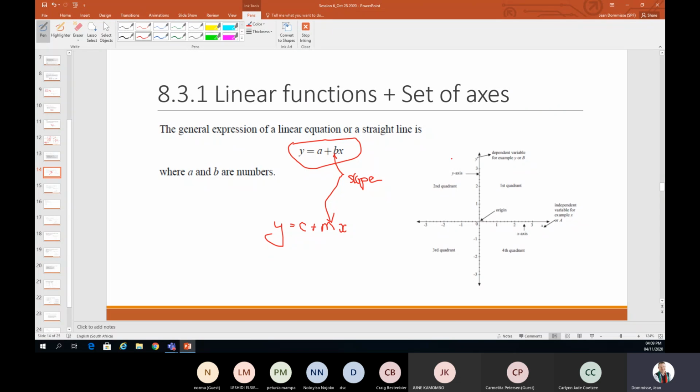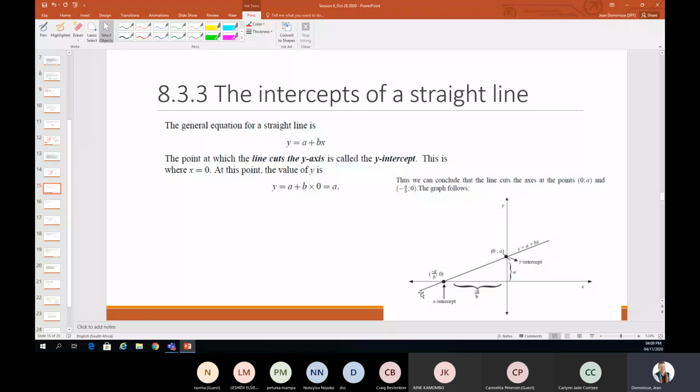I'm not going to go into too much detail on a straight line. This a value is always the y-intercept. So it will be this point that the line is going through.